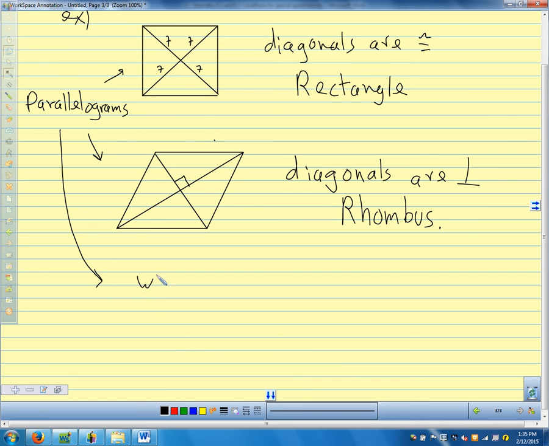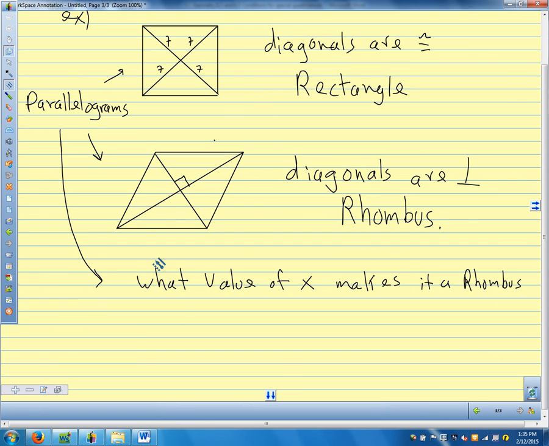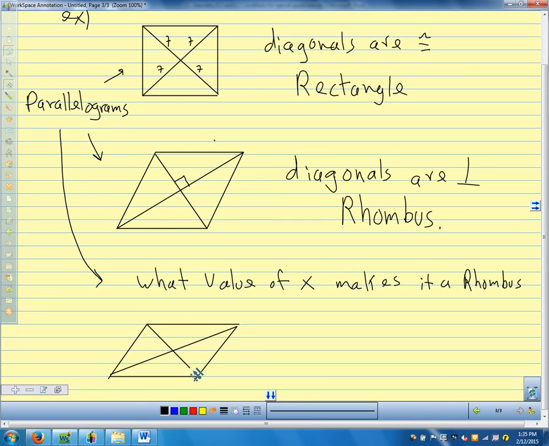And for this one, I want to say what the value of x makes it a rhombus. So what value of x would make that a rhombus?